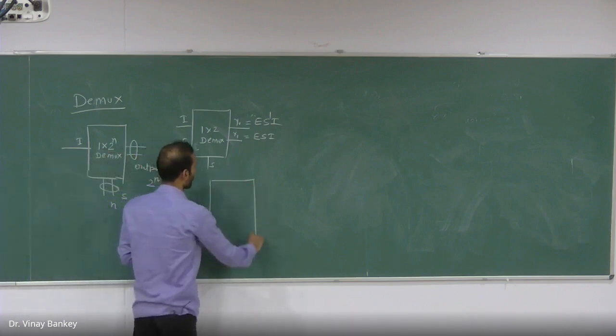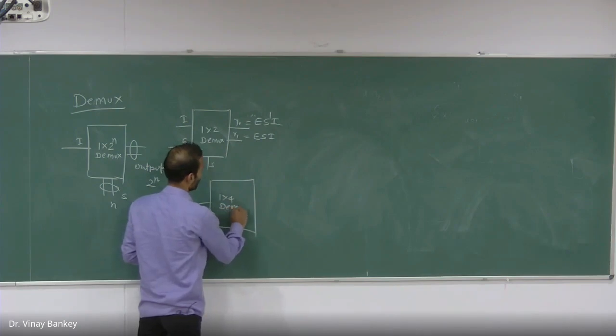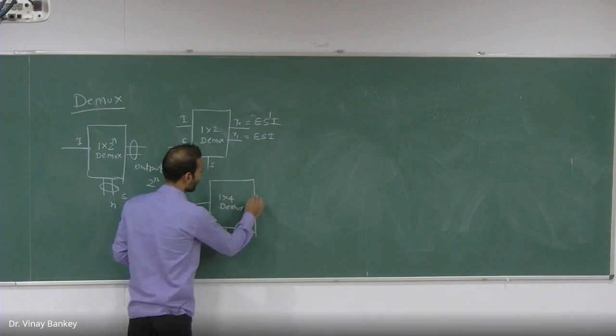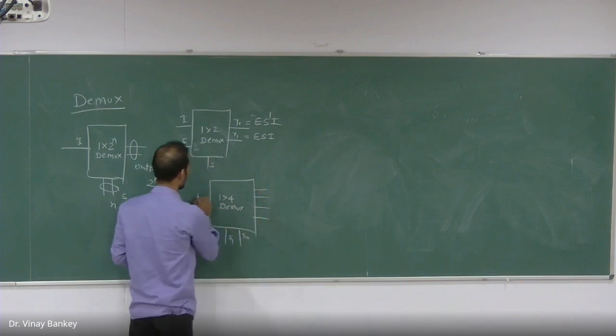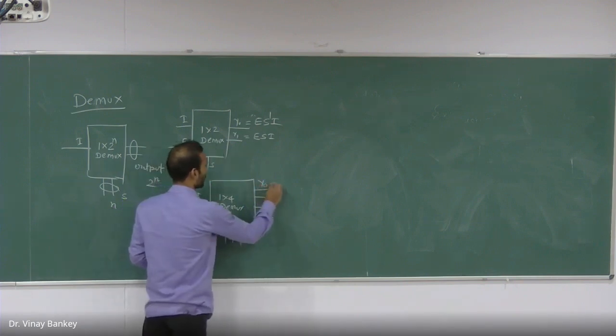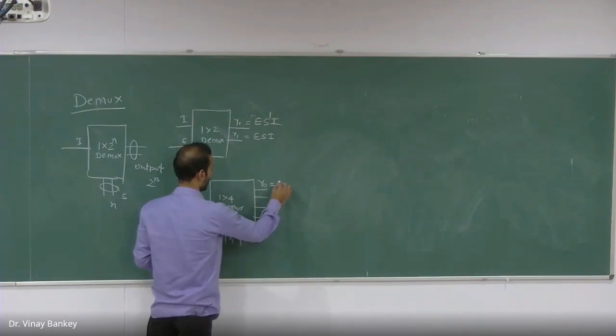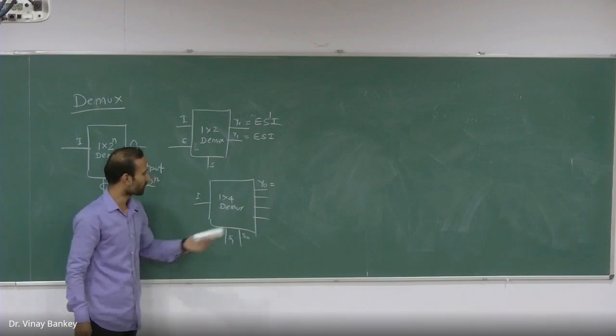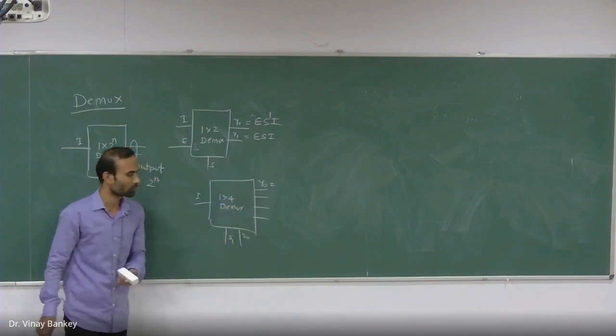Similarly, for the 1 cross 4, you will have two selection lines, that is S0 and S1, and according to that you will have 4 outputs. And it is very easy to write the Boolean function for each of these outputs.